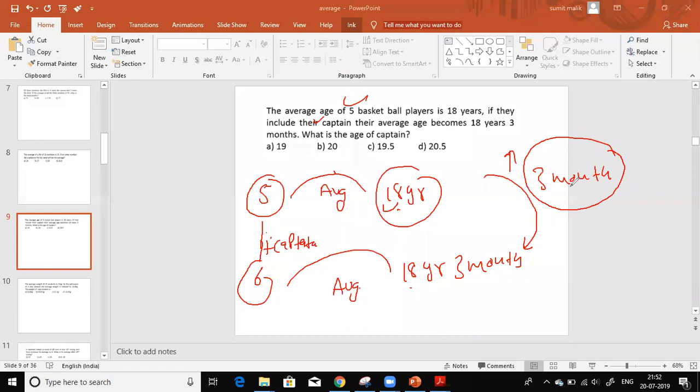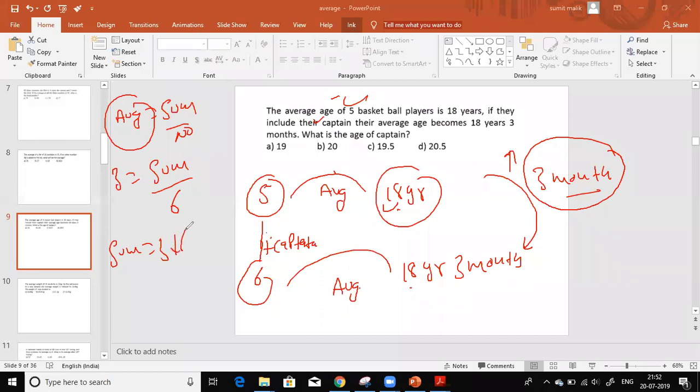If average is increased by 3 months, then what will be the total age increased? Simply use this formula: average is equal to sum divided by number. Now I have to calculate the sum. Number is 6. Sum is equal to 3 into 6, 18 months. Remember, these are months.